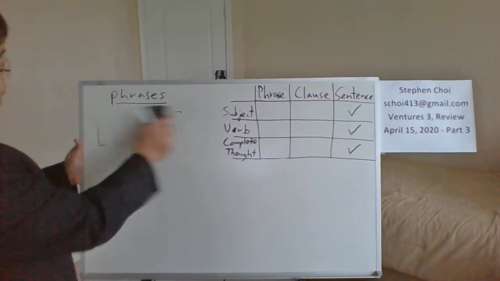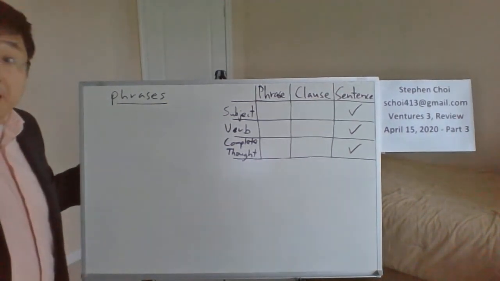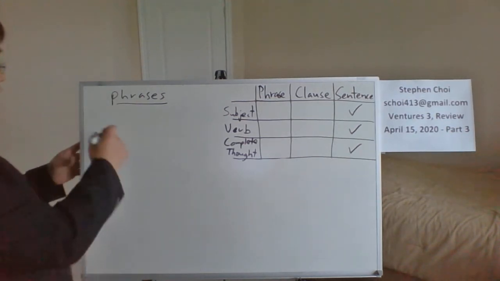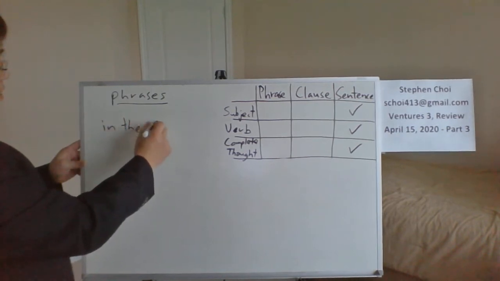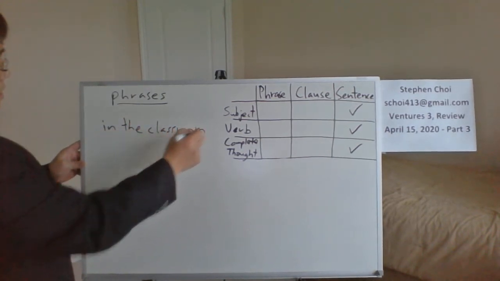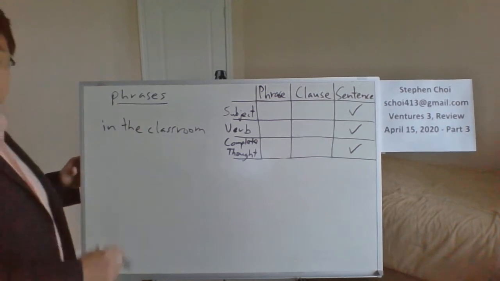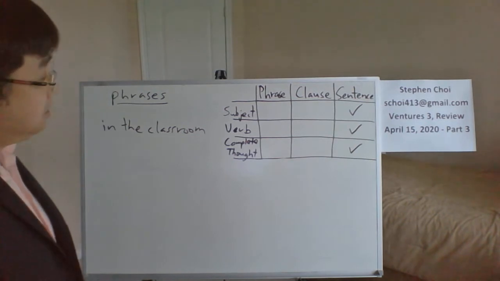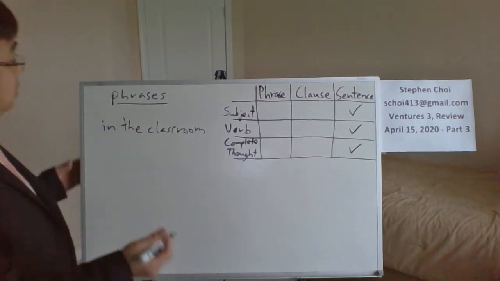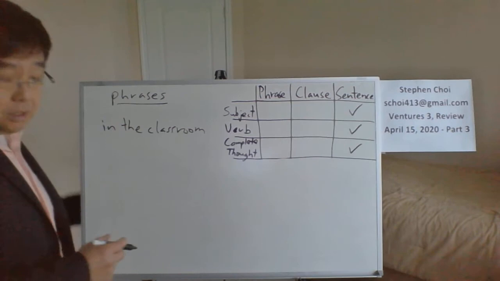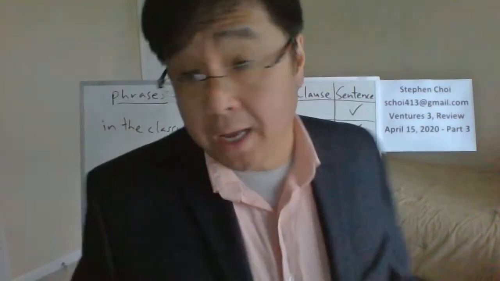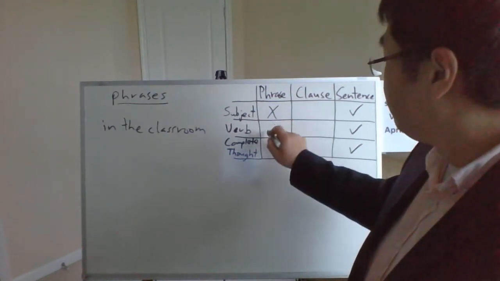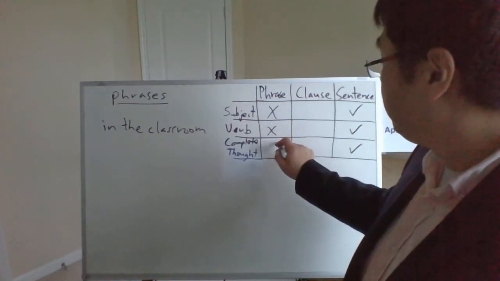We talked about phrases one other time, right? Remember, what are the phrases that we talked about? We talked about prepositional phrases, right? If I say we learn English in the classroom, in the classroom. These are three words, right? That's a phrase. So phrases are basically two or three words, and they do not have to have a subject, a verb, or a complete thought.